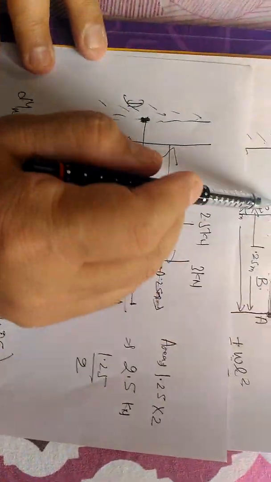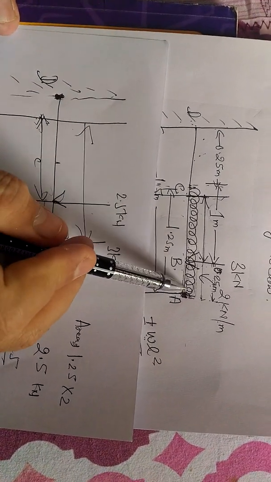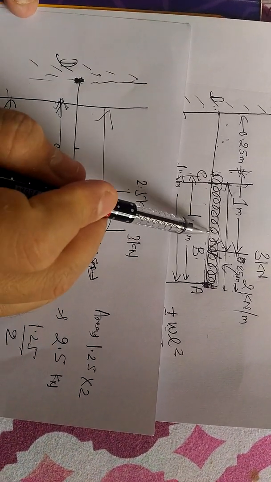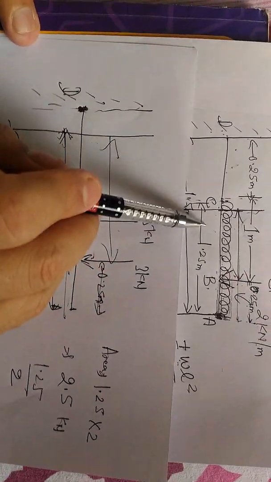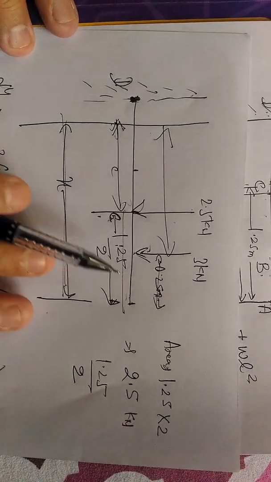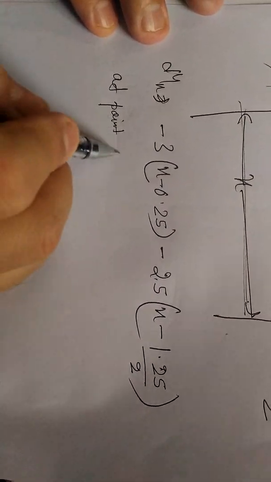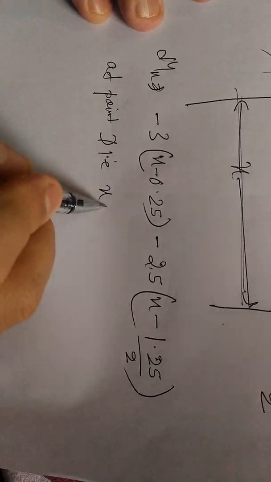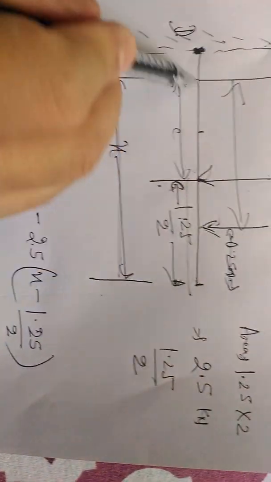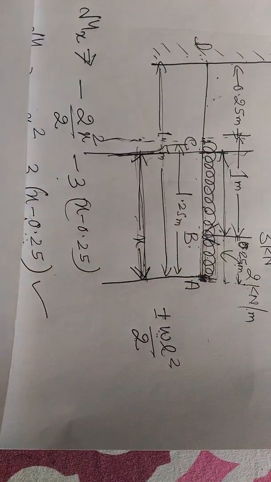Remember that if we are using a section x that is away from this UDL, that means if we have crossed the area of UDL, then we'll have to convert this into a point load, and then subsequently we have to use that point load in the bending moment equation that we have done here. So finally at point D, that is x is equal to this whole distance, that is 1.5 meters.